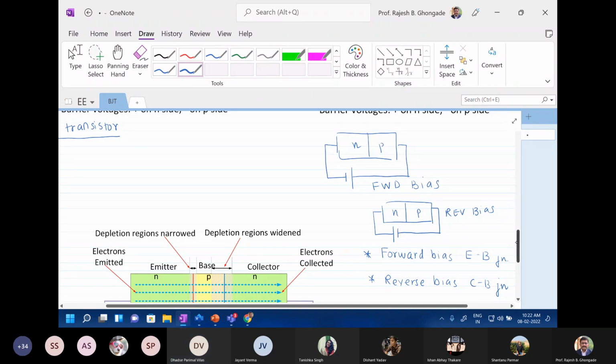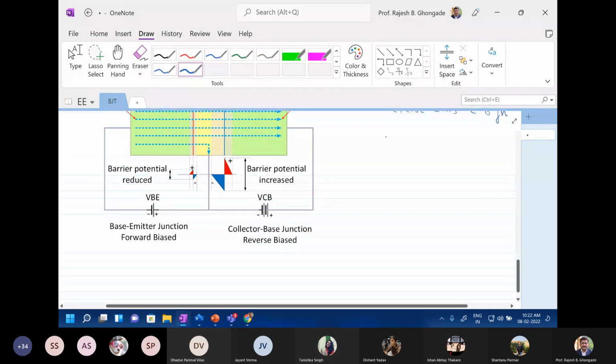So if I write down over here, forward bias reduces barrier potential. Reverse bias increases barrier potential. समझ में आया?